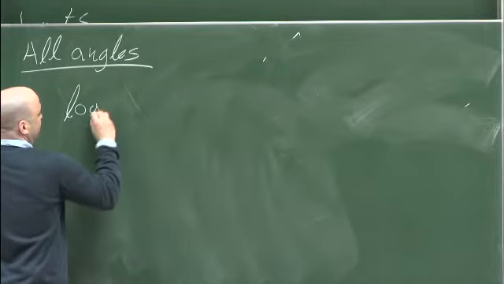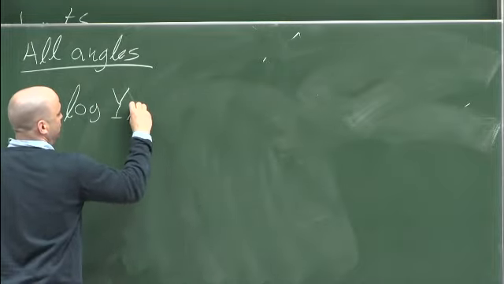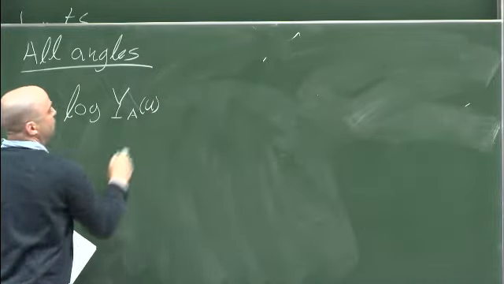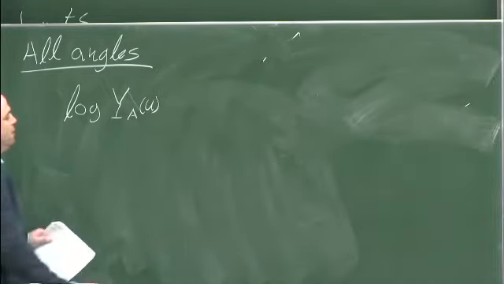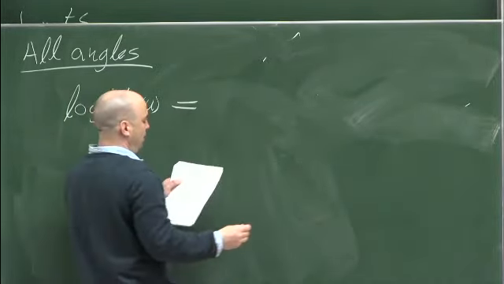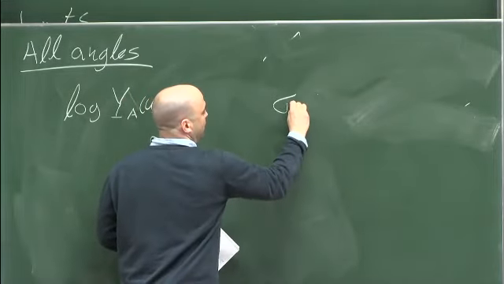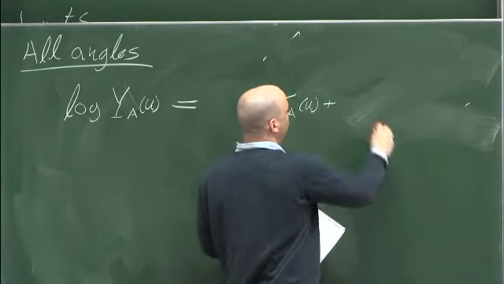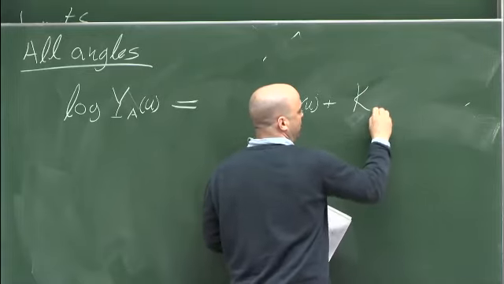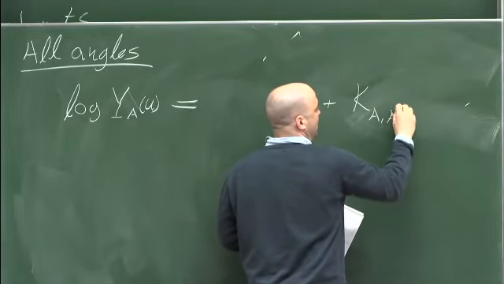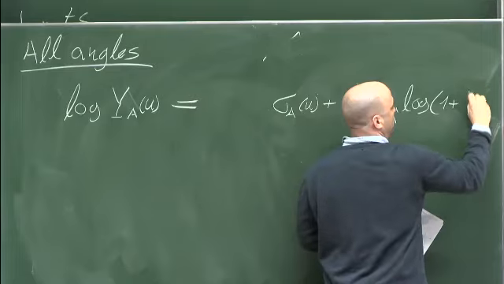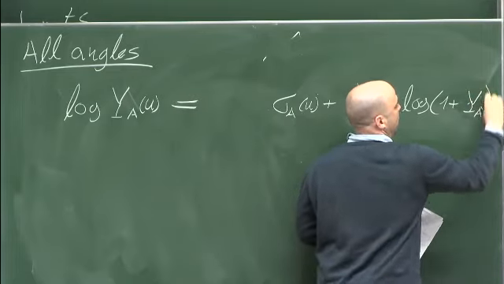And they satisfy the following equation. Log of y_a, which is now a function of some parameter u, is equal to some source phi_a of u plus a convolution of some simple function K_{a a'} with log of 1 plus y_{a'}.